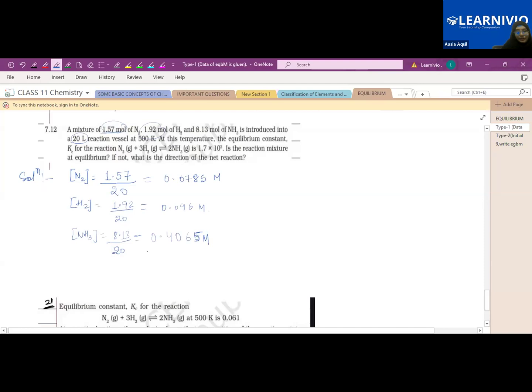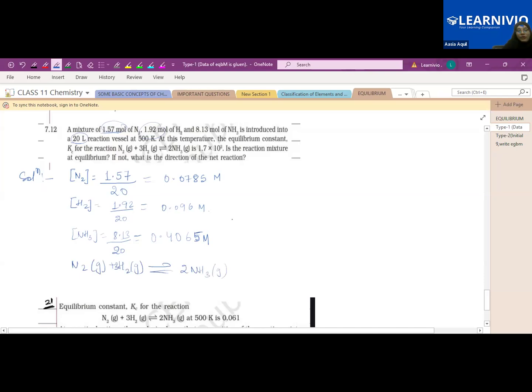Now see this reaction. The reaction here is N2, in gaseous phase, plus 3H2 gives 2NH3. This is the reaction.